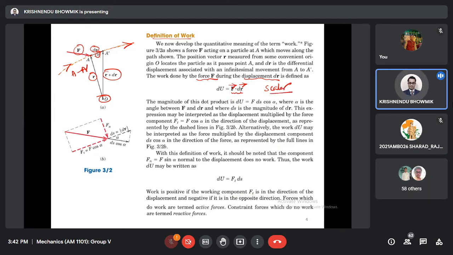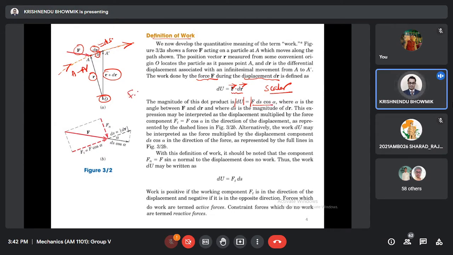Now, as this is a dot product, magnitude wise it is F, and if dr equals ds, then it is F multiplied by ds multiplied by cosine alpha.